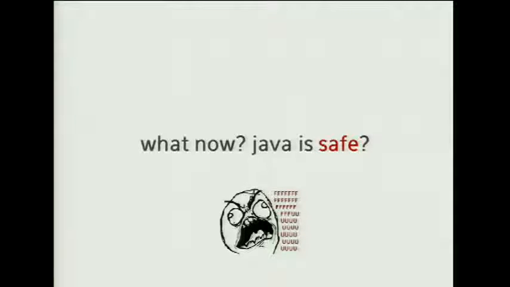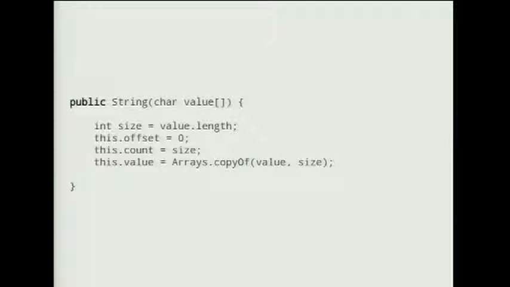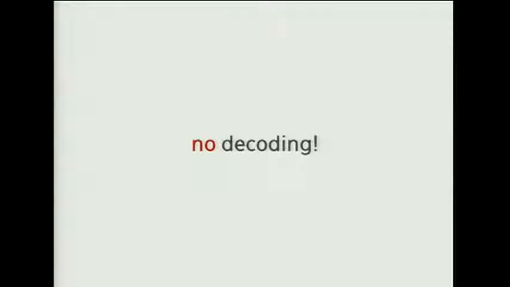And I was a bit depressed, because I thought, okay, Ruby is affected, but Java is not? Come on. Something needs to happen. And then I had an epiphany. There's another constructor that takes a character array. So let's look at what this one does. And no decoding.